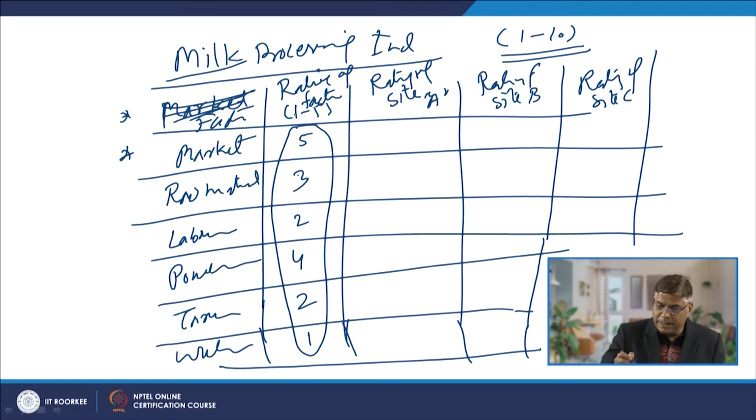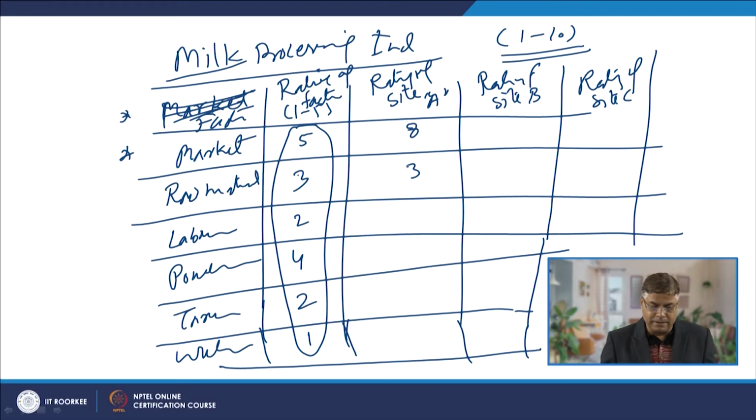Now, for each site, how good a particular site is with respect to these factors is what will be rated. Say a site is very good with respect to the market, it is closely located to the market, so it will be rated, say, 8. The raw material access is not that easy, so it will be rated low, say 3.